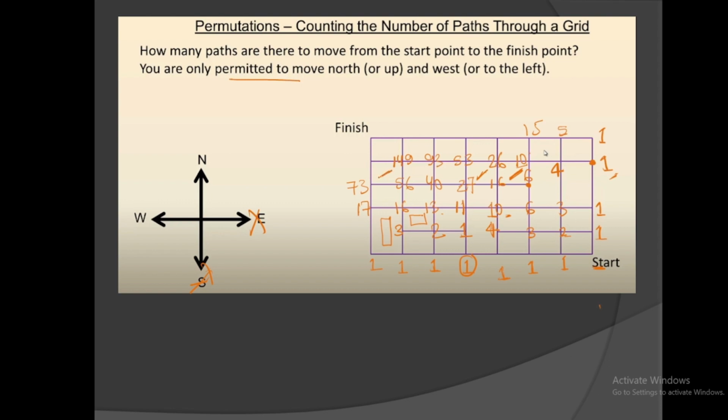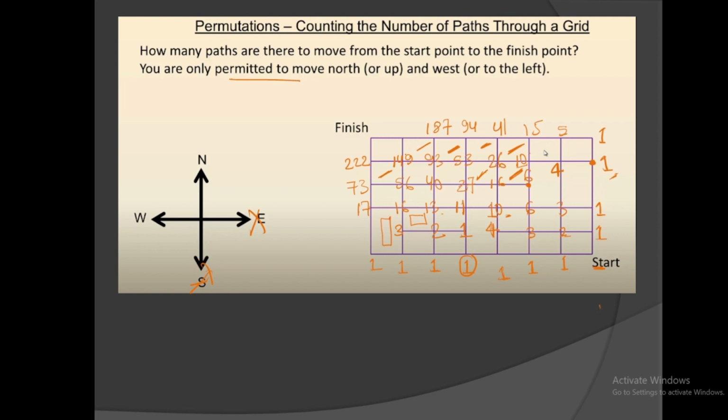And this 73 plus 149 is how much? This is basically 222. Again, now this 26 plus 15 is how much? This is 41. This 41 plus 53 is how much? It is 94, right? And this is how much? It is 187.